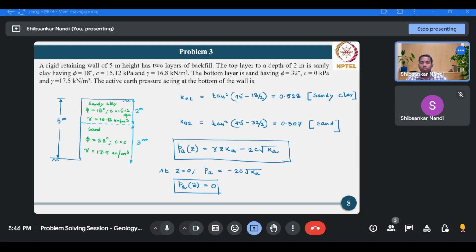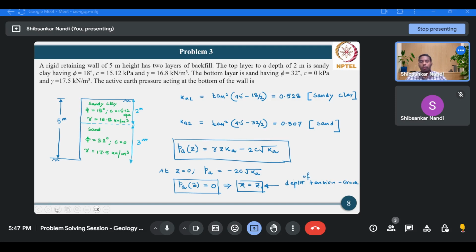Solving this equation Pa equals 0, suppose we get the value of z as z0. This z0 is nothing but the depth of the tension crack zone.